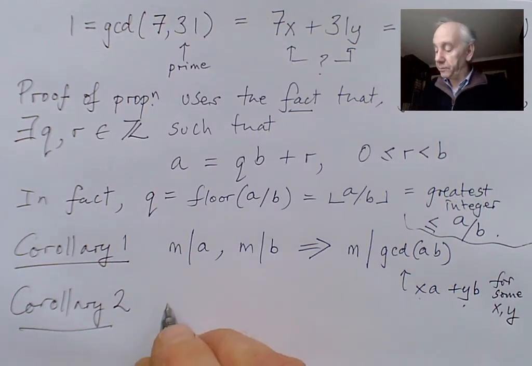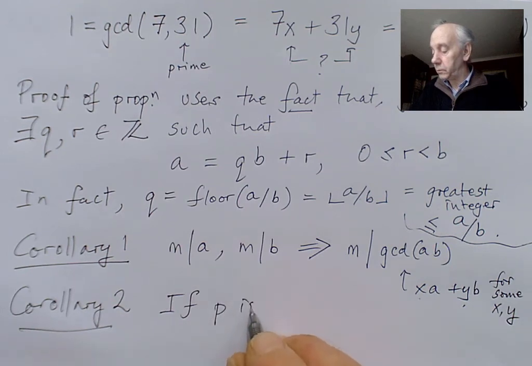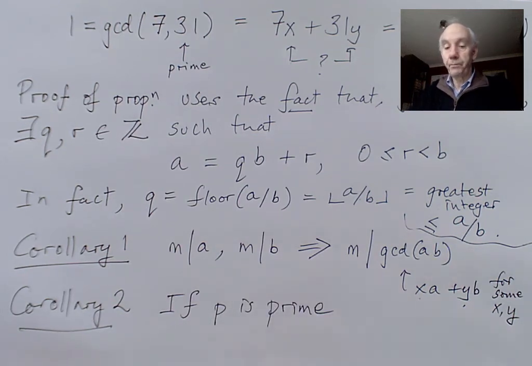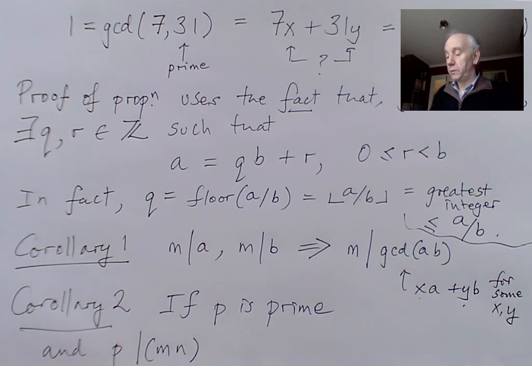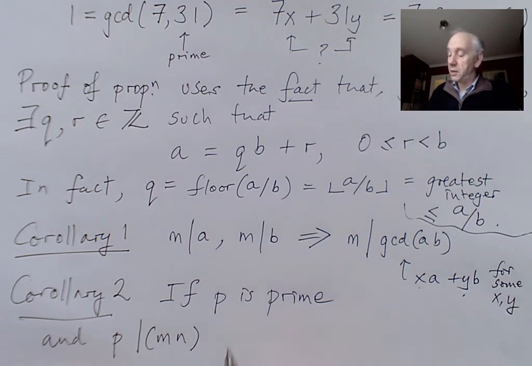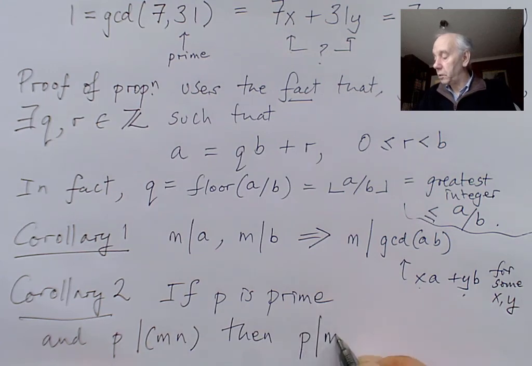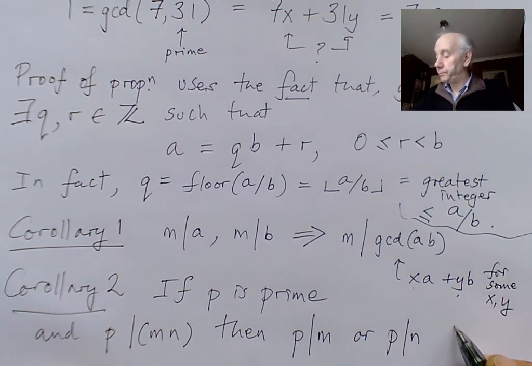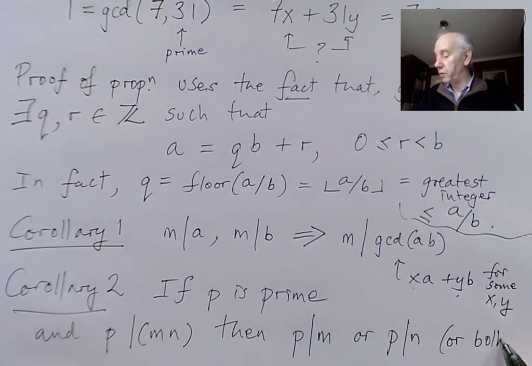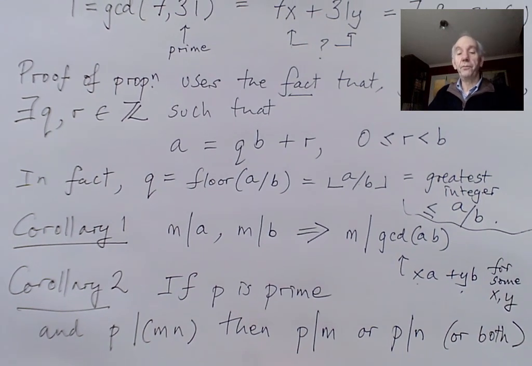If p is a prime number, and p divides the product of two integers, m and n are two integers, then p has to divide one or the other or both. When you say or, you always include the possibility that both statements are true.